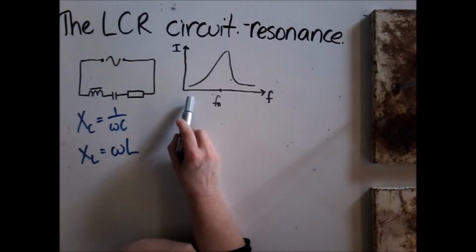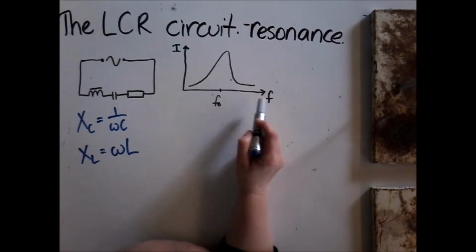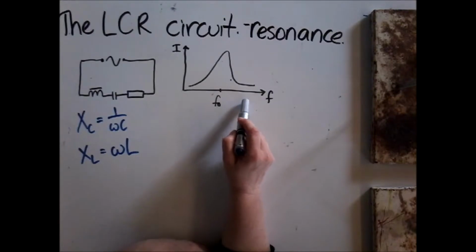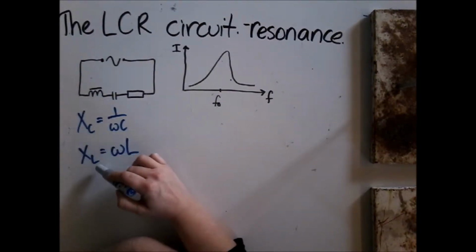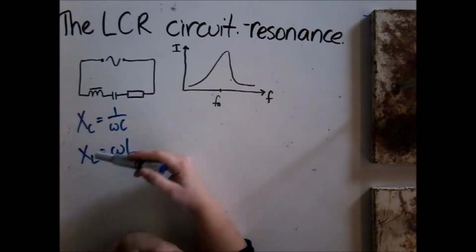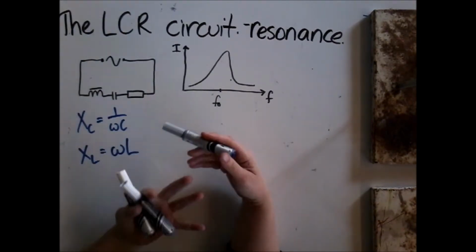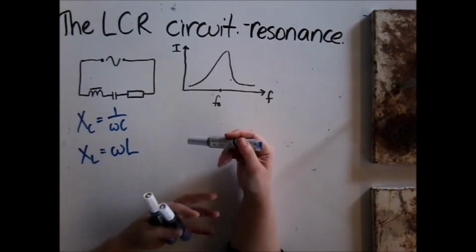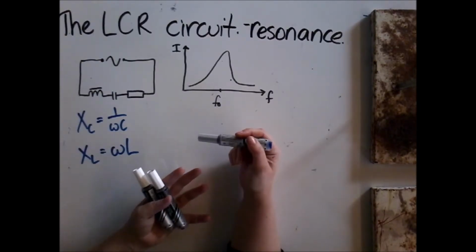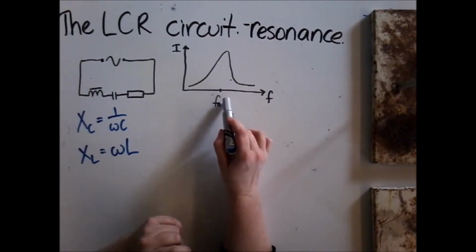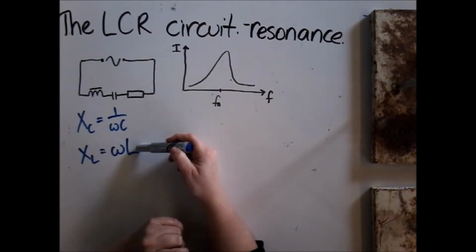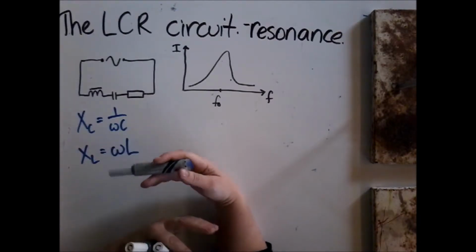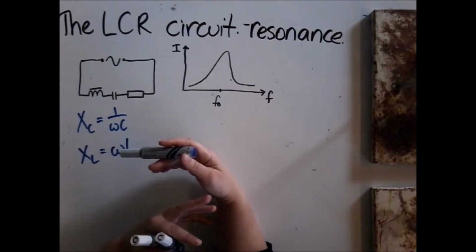So at the beginning, at fairly low frequencies, and at the end at fairly high frequencies, you're going to get times where either the reactance of the capacitor or the reactance of the inductor are really big, leading to the impedance of the circuit being really big. But there will be a frequency for which these two things balance out, and there's a minimum impedance in the circuit.